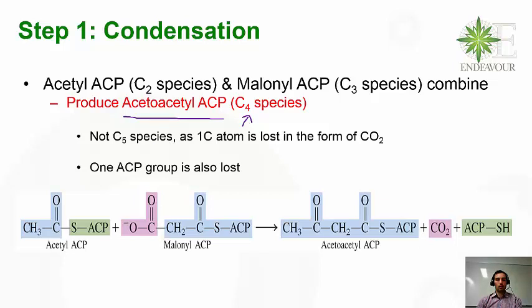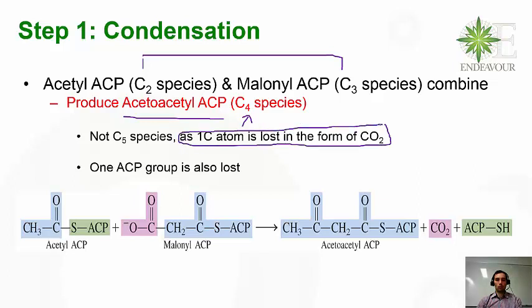Notice that it's not simply the addition of the carbons, because we've got 2 carbons in the acetyl ACP and 3 in the malonyl ACP, but the acetoacetyl ACP only has 4 carbons. So 1 carbon is lost as carbon dioxide in this condensation reaction, and we also jettison, or lose, one of the ACP groups.